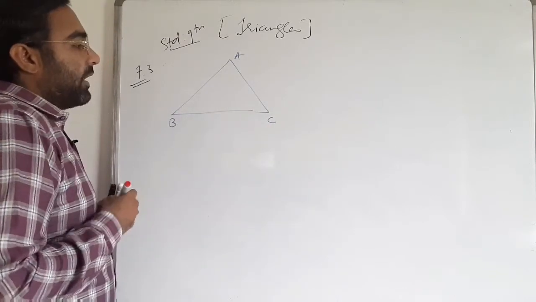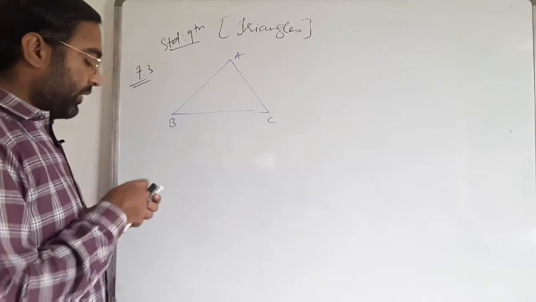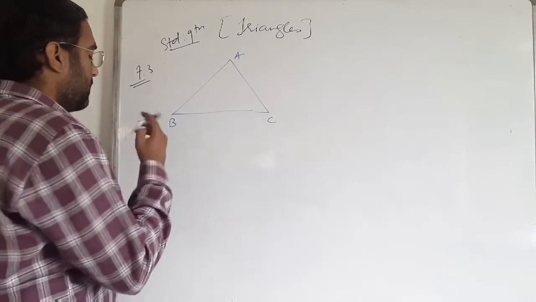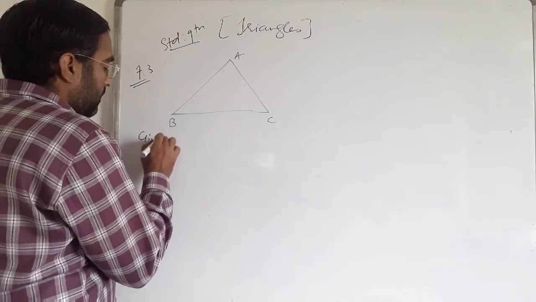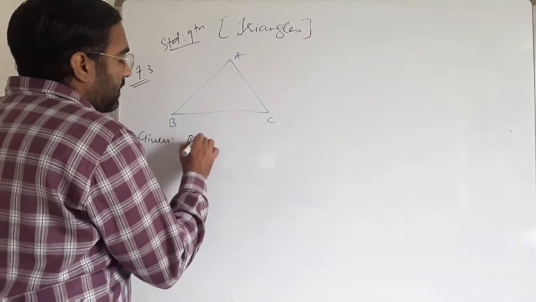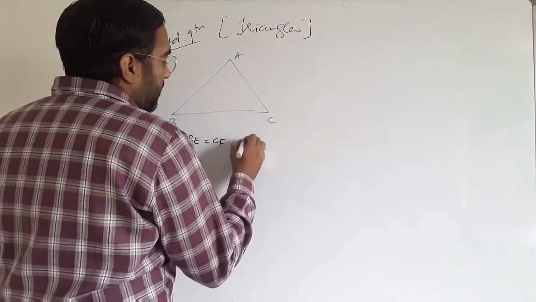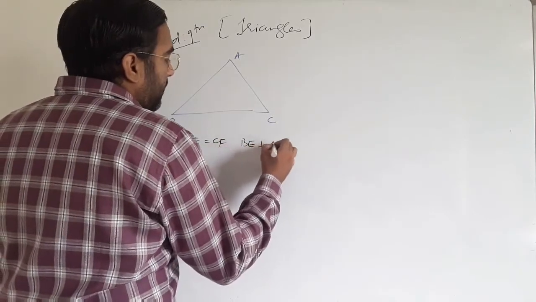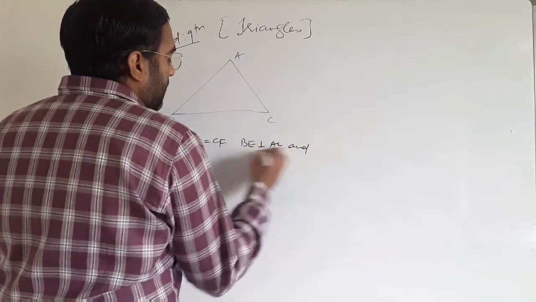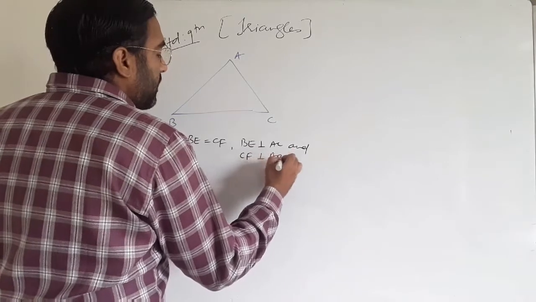Okay, ABC. It's given that BE is equal to CF, both of them are altitudes, and BE is perpendicular to AC and CF is also perpendicular to AB.